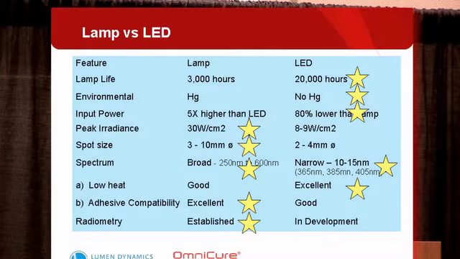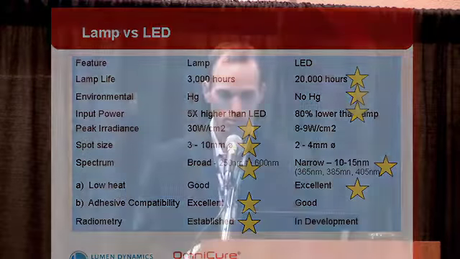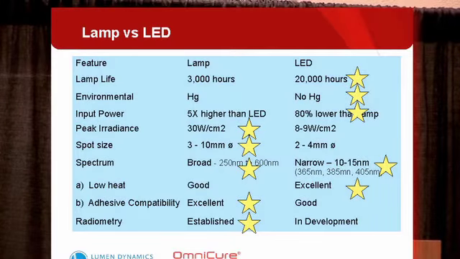So if we go back and summarize the different features that we looked at in the lamps and the LED systems, and compare which one has the advantages, what we see is the LED certainly has advantages in things like lifetime, environmental impact, and electrical power requirements. But for things like irradiance and spot size, the lamp still has a definite advantage.